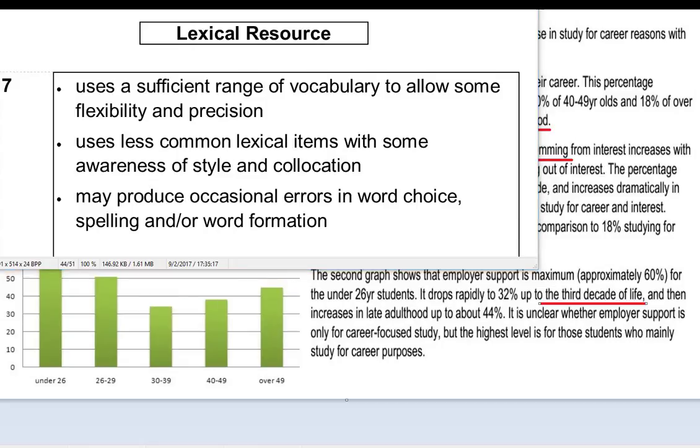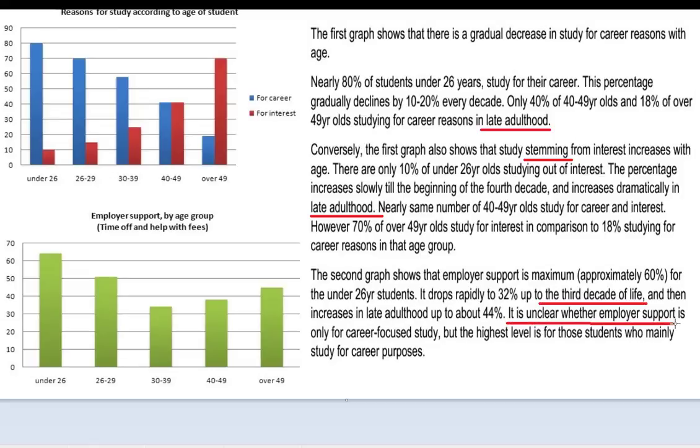That's one of the reasons why the writer probably included this last sentence. Because if you're commenting on the chart or the data, it's much easier to use some words that can be considered less common. I don't think that they did a good job here.